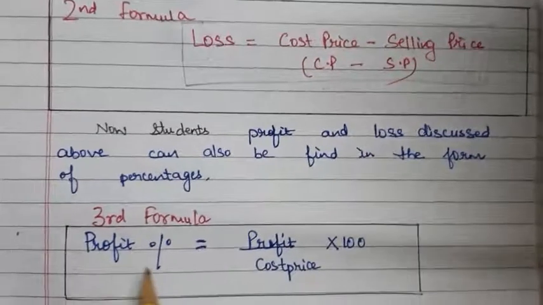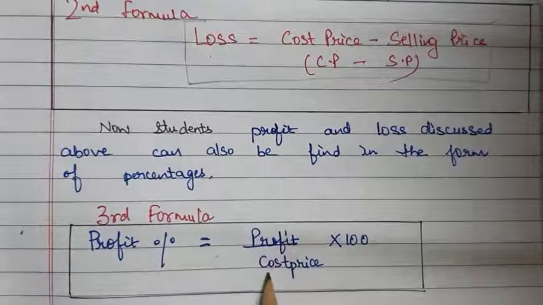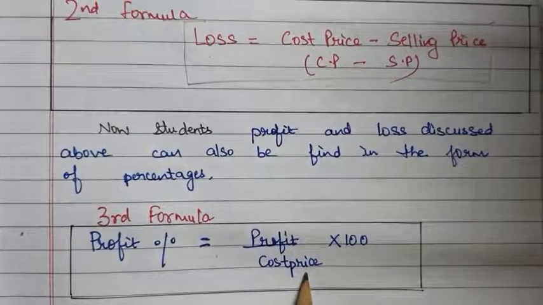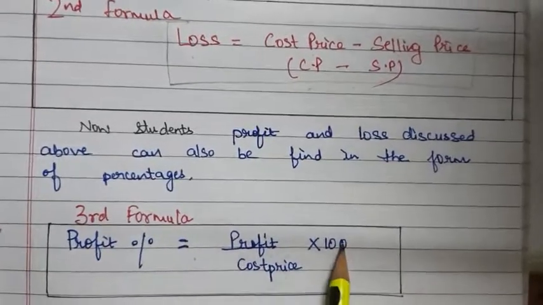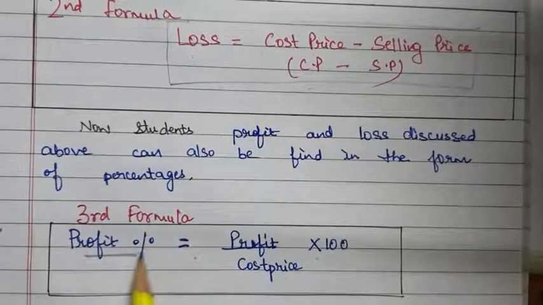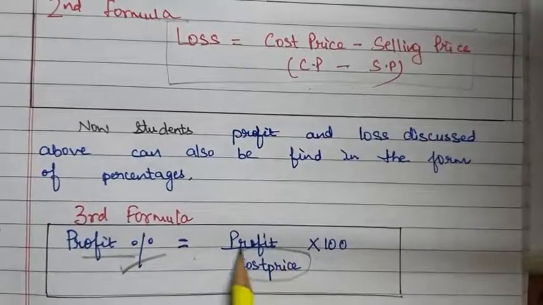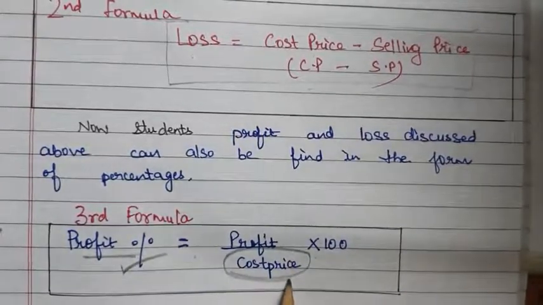Profit percentage is equal to profit upon cost price multiplied by 100. Whenever you find profit percentage, we always find it on cost price.